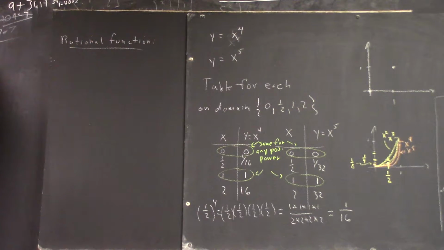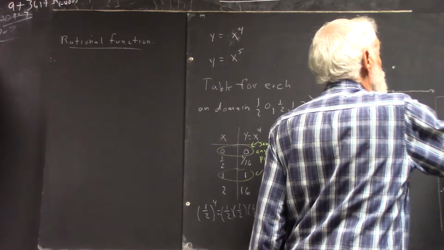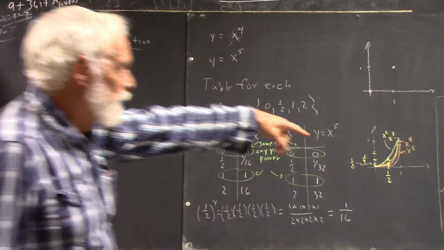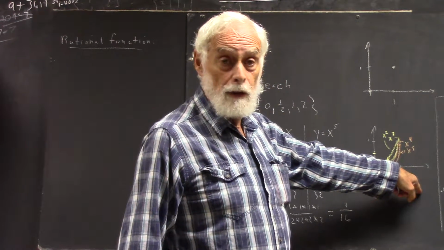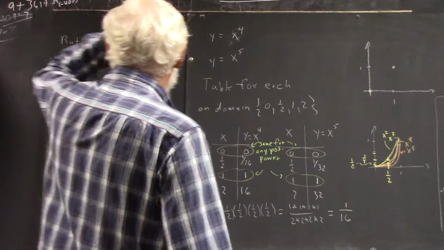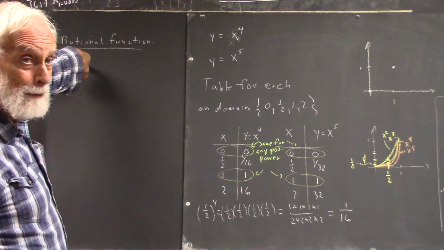I'm going to give you another definition. We're not going to do rational functions right now. But once you understand what power functions are, it's easy to understand what polynomial functions are, even though you don't necessarily know what to do with them. Okay? And we might as well talk about what rational functions are.